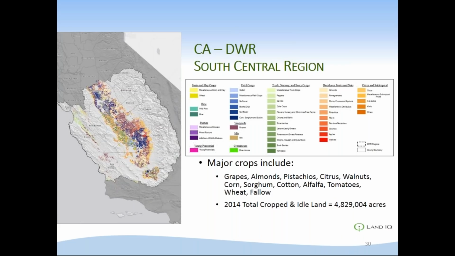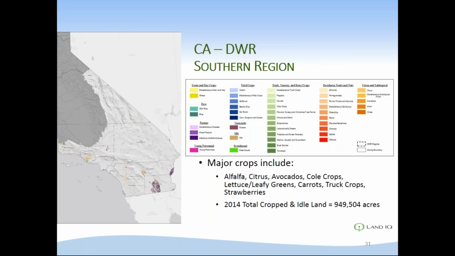This one is a dominant acreage area in the south central region, which nearly approaches 5 million acres of total cropped and idle land. And finally, in the southern region, something even more unique and different. We see a lot of subtropical citrus, avocados, a lot of lettuce, leafy greens, carrots, and other truck crops, strawberries. The total crop ground and idle land there is approaching 1 million acres.